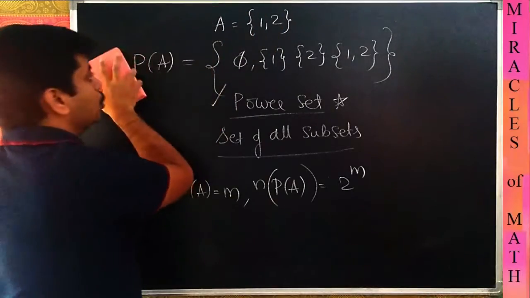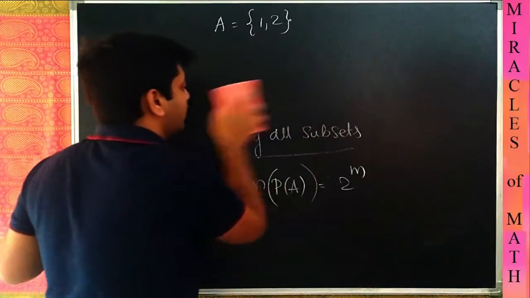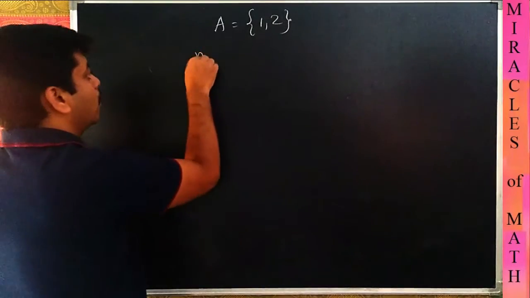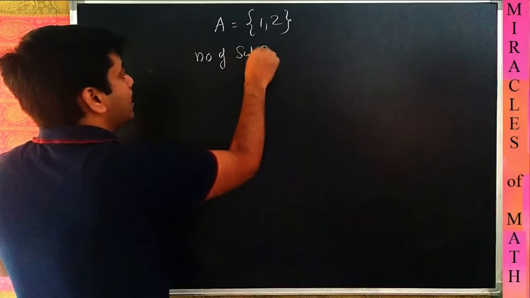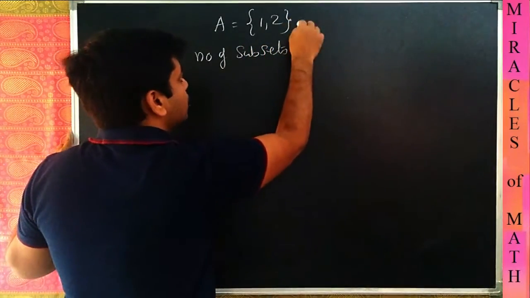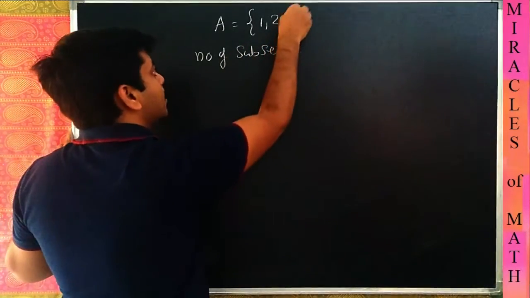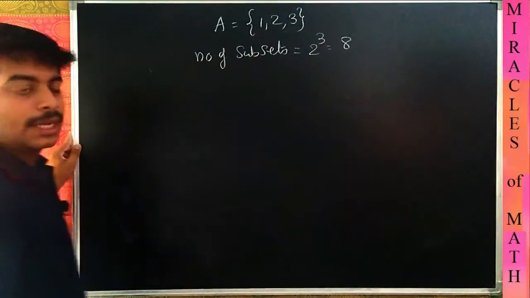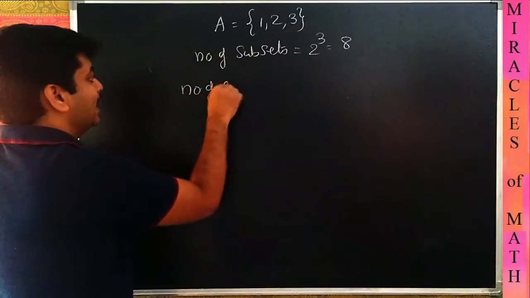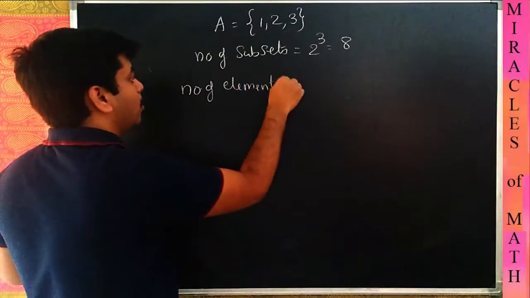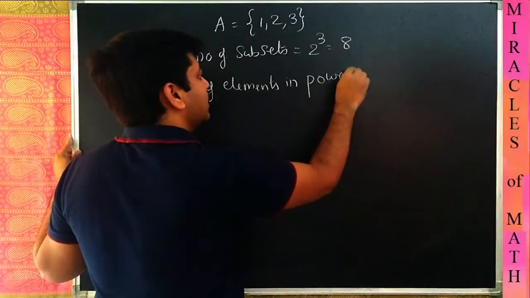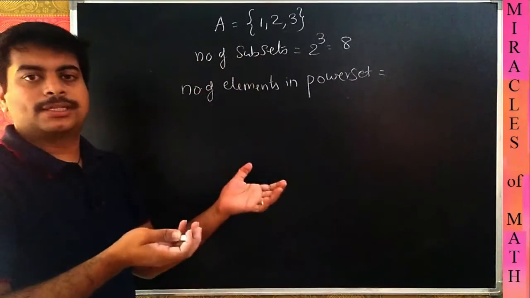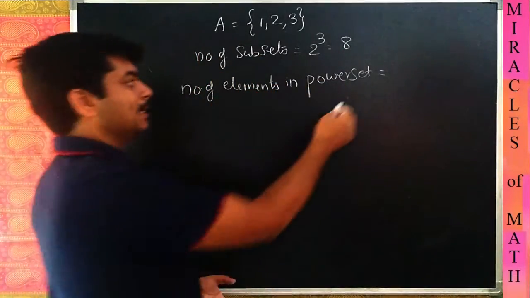Set A is having 3 elements, so the number of subsets is 2 cube, which is 8. Number of elements in the power set: all the subsets are the elements in that, so we have 8 elements.